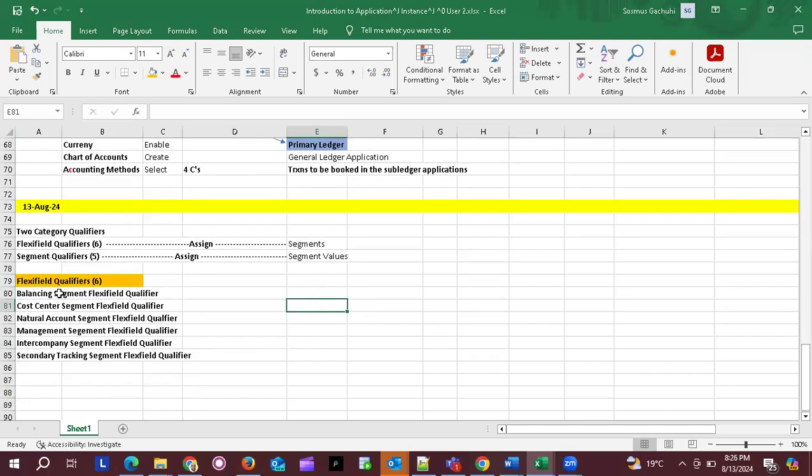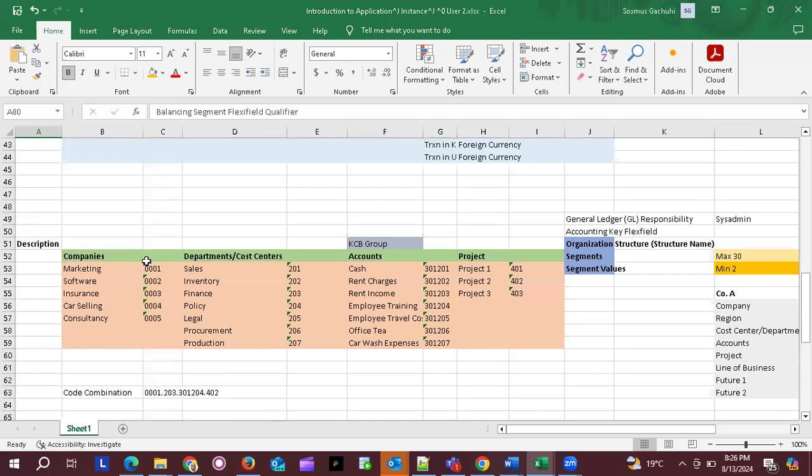So these are the 6 Flexfield qualifiers. These ones we assign them to segments. And once we assign them to segments, the ones that we are creating or defining, they provide some quality or they give some kind of characteristics to that segment so that it can be able to behave, for instance, like a company.